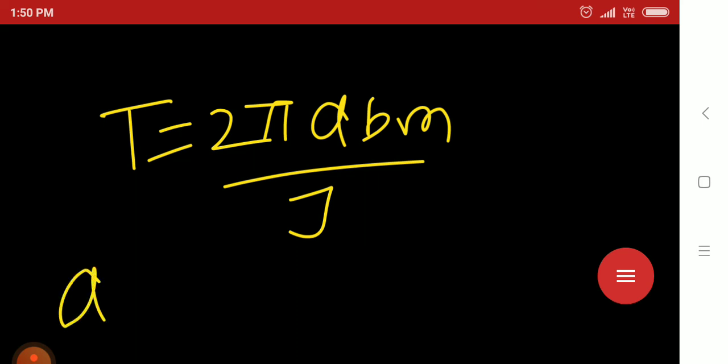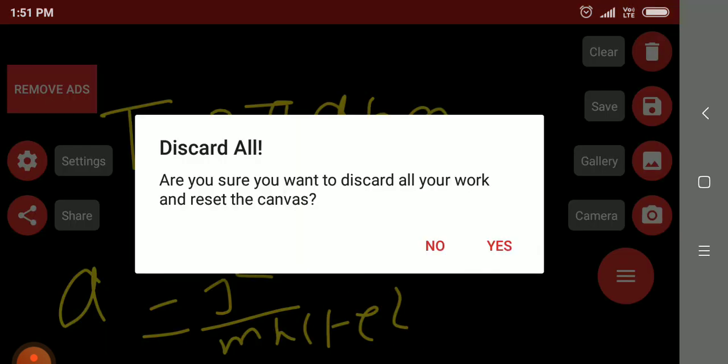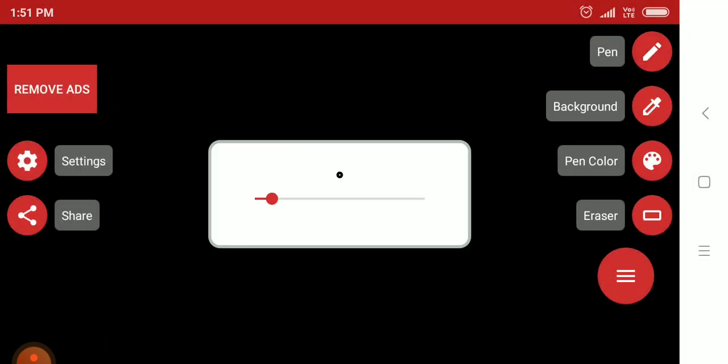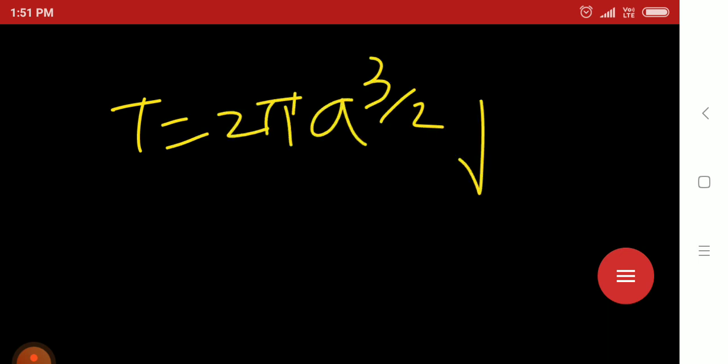We have got a equals J square by MK into 1 minus e square, and b equals a to the power half J by root MK. If we put a and b, we will get T equals 2 pi a to the power 3 by 2 root M by K.